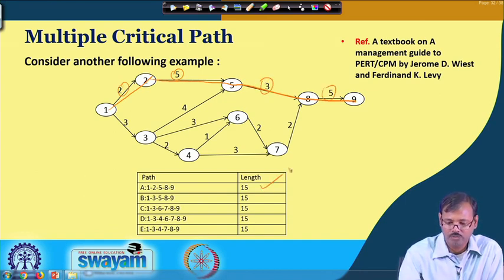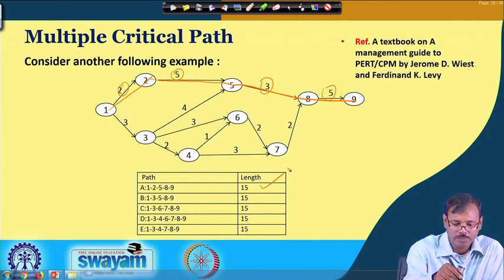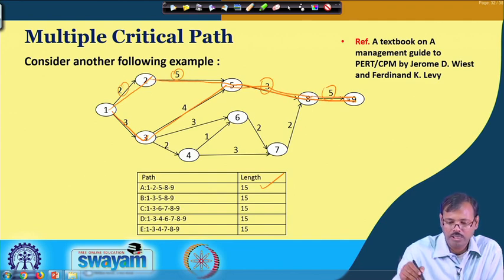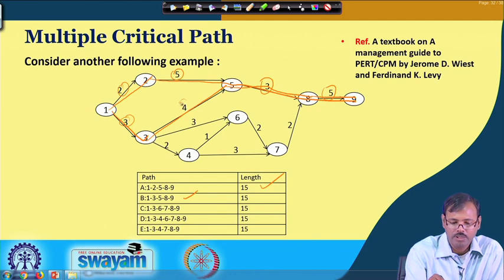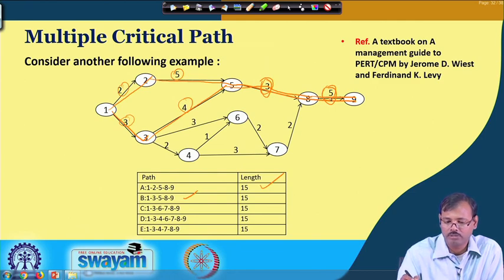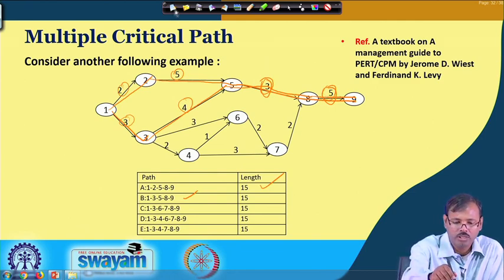So, it is coming 15 hours. The second path is 1, 3, 5, 8, 9, that is 3 plus 4 plus 3 plus 5. So, 3 plus 4 is 7, 7 plus 3 is 10, 10 plus 5 is 15.